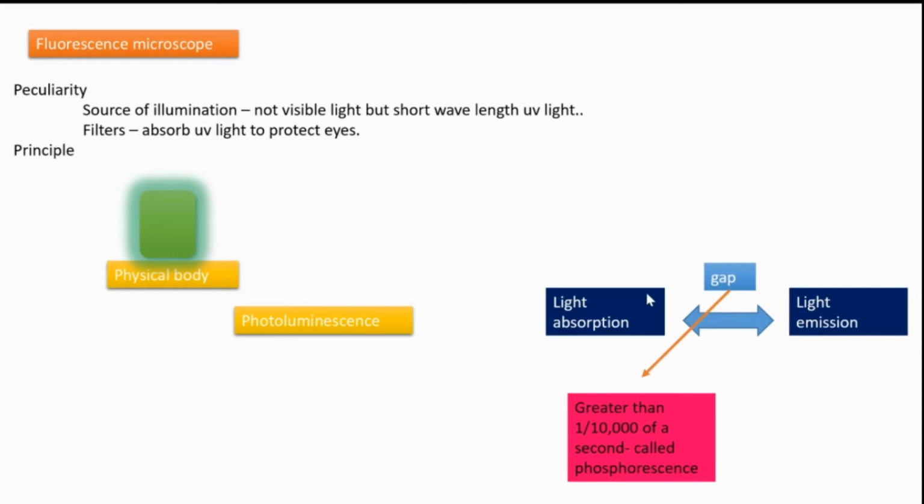If the duration of the gap between light absorption and light emission is greater than 1 by 10,000 of a second, that property is called phosphorescence. At the same time, if the duration of that gap is less than 1 by 10,000 of a second, then that property is called fluorescence.